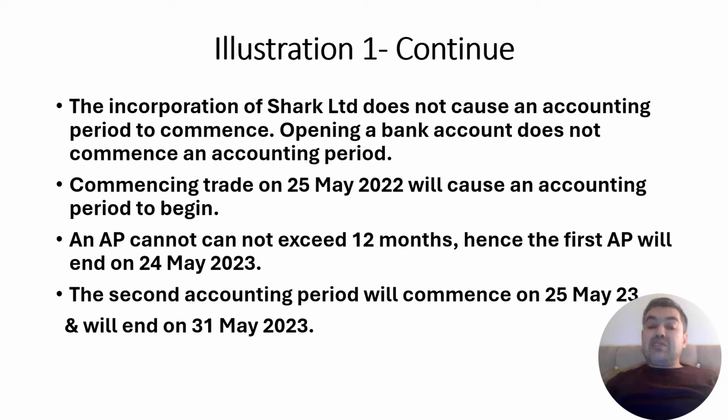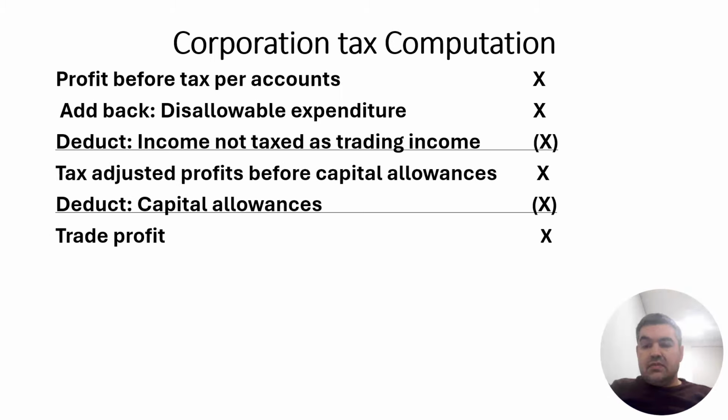The first 12 months was because the start of the trade was 25th of May 2022, so the first 12 months ends on 24th of May 2023. And then obviously the accounting period on Companies House ends on 31st of May. So for corporation tax, this period will be only another 6 or 7 days.